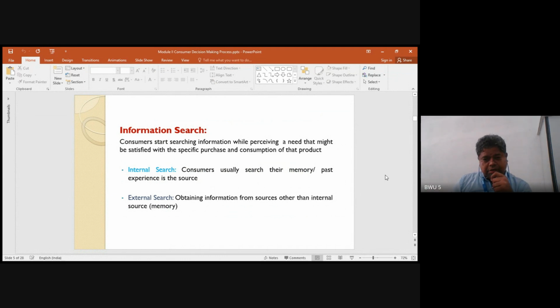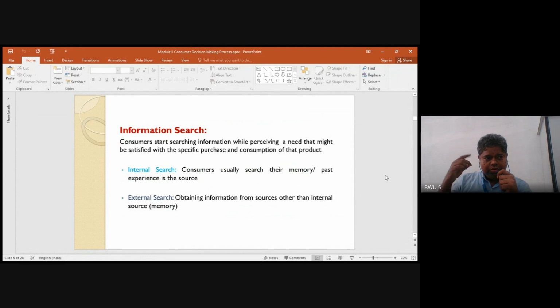Now, at this particular stage, information search, the first thing we are likely to do is recall our memory, an internal search. We usually search our memory, as we are likely to have vast experience from the past.